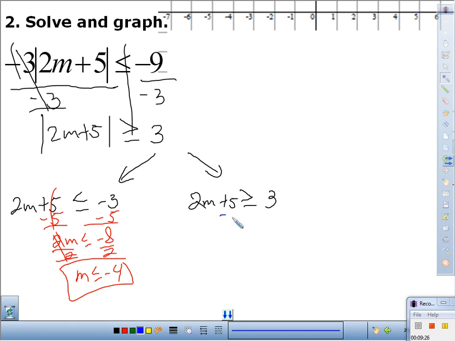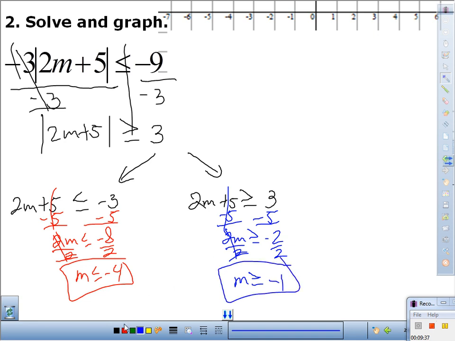Now this one. Minus 5, minus 5. 2m greater than or equal to negative 2. Divide by 2. M greater than or equal to negative 1. All right, let's graph this. What is my dividing point on this one? Negative 4. M is less than negative 4. What numbers are less than negative 4? Everything to the left.